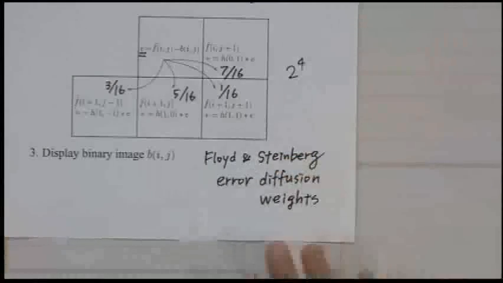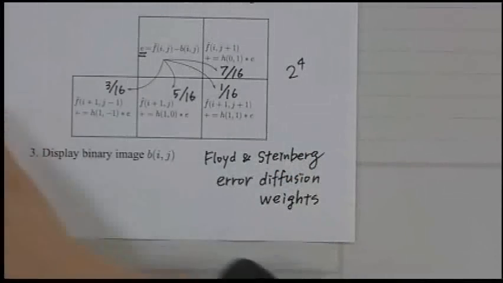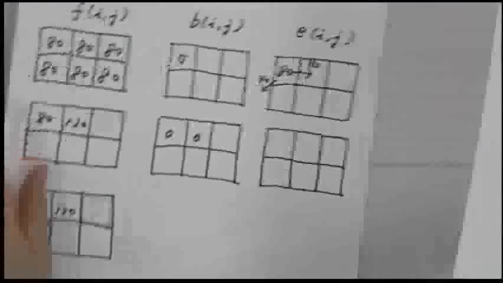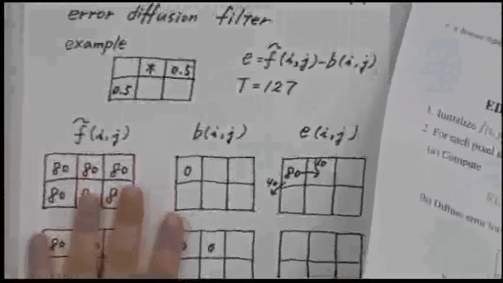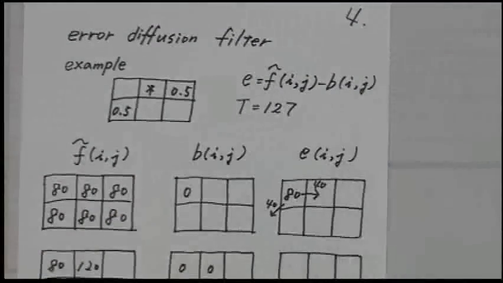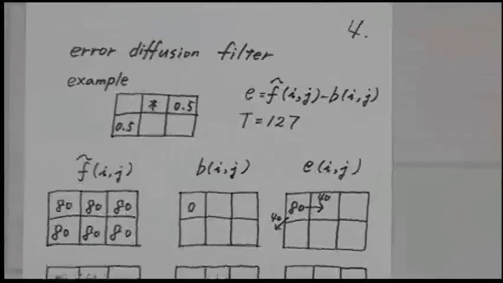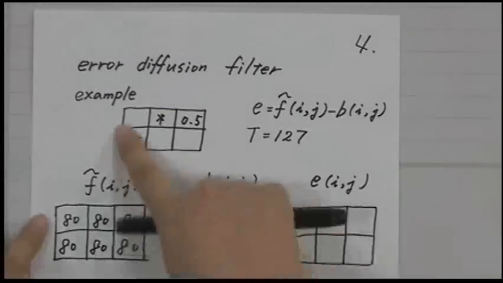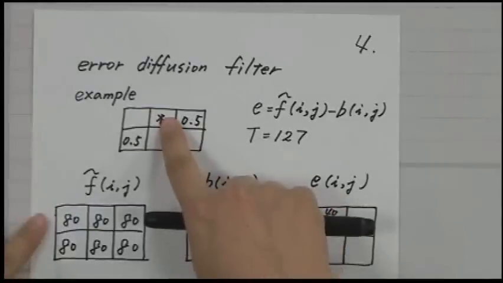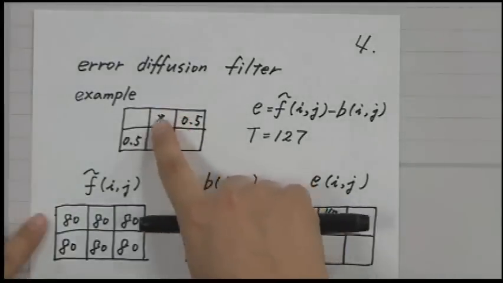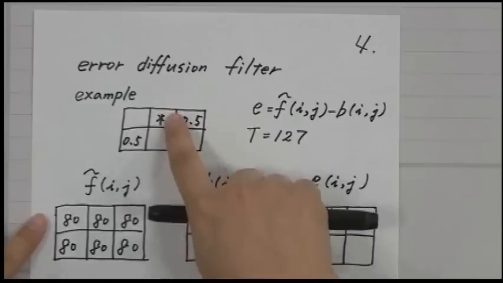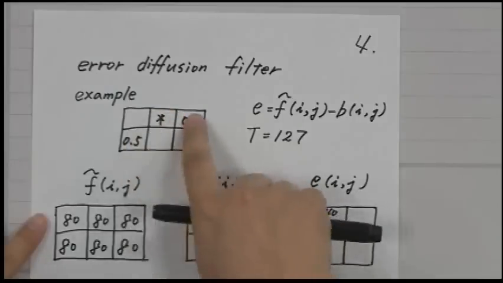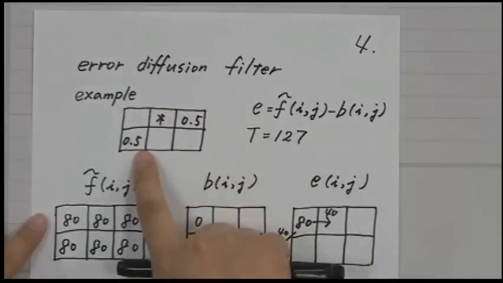Okay, this is the overview, and I want to show an actual example here, a very easy one. Here I use this filter. This is the current pixel I'm looking at, and if this pixel generates error, we spread it to only 2 neighbors, equally, 0.5 and 0.5.